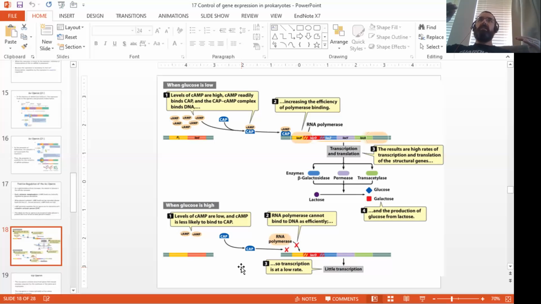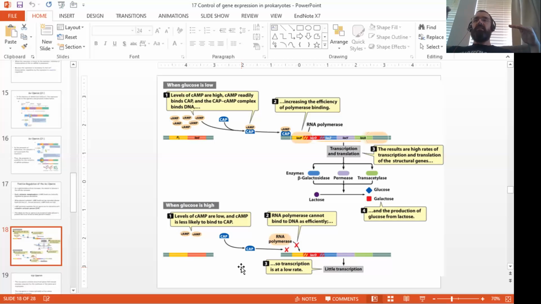Okay, glucose starts going up, cyclic AMP drops, right? So the boost to lac operon expression recedes, essentially. So glucose levels start dropping a little bit because there's less beta-galactosidase around, or even less lactose, right? Not no lactose, because if that were the case, then LacI would bind and it would just shut it off completely, but less.